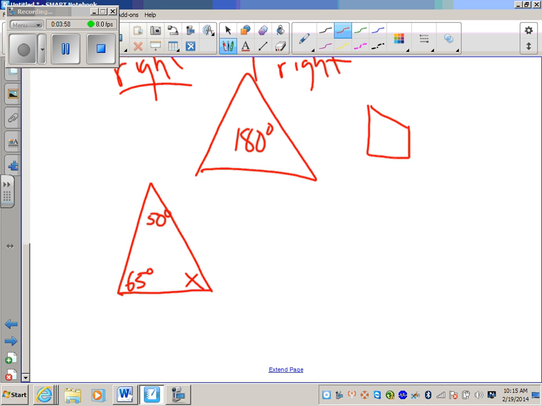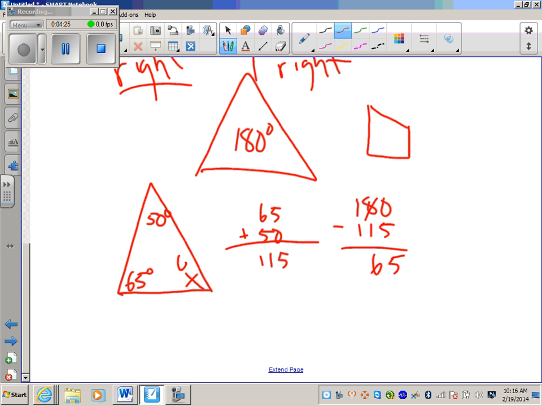How do I find it out? Find out how many I have so far, which is going to be 115, and subtract it from 180. And I should get 65.